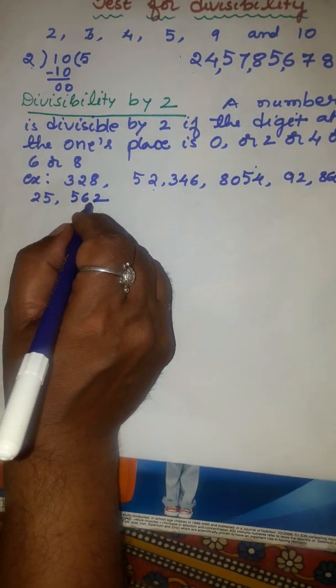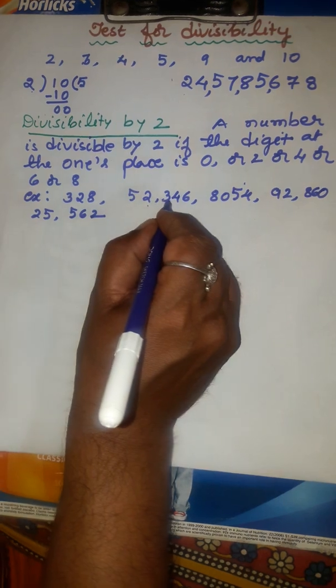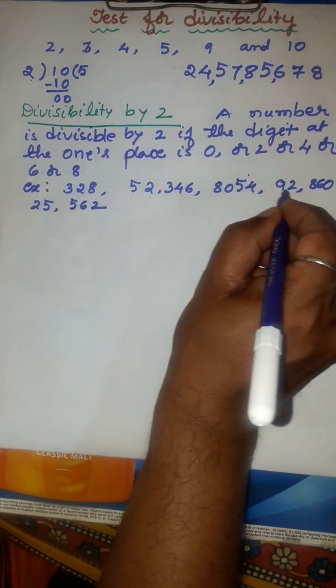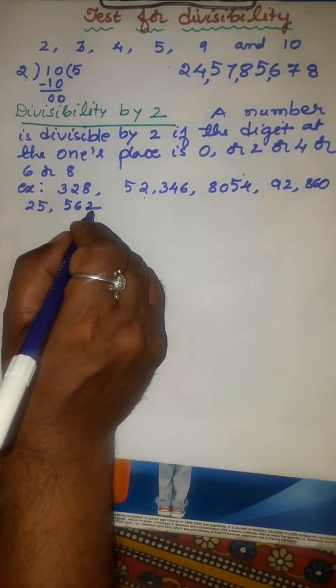So all these numbers, that is 328, 52,346, 8,054, 92,860, 25,560, they are all divisible by 2.